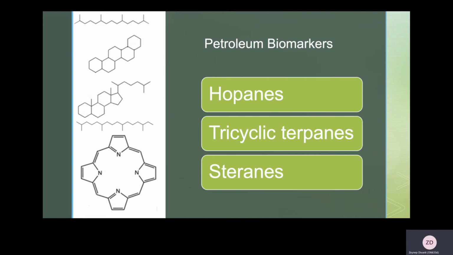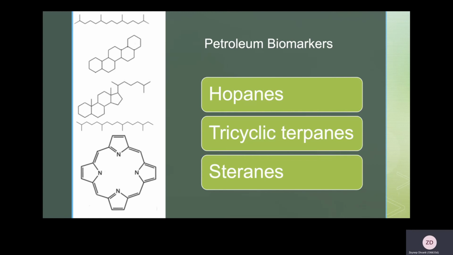I mostly did research on geological studies and geological journals and articles, and I came across a lot of articles about petroleum and oils, gas, and other fossil fuels that we use. There is a lot of study on them using biomarker tracers to find out what's in them.